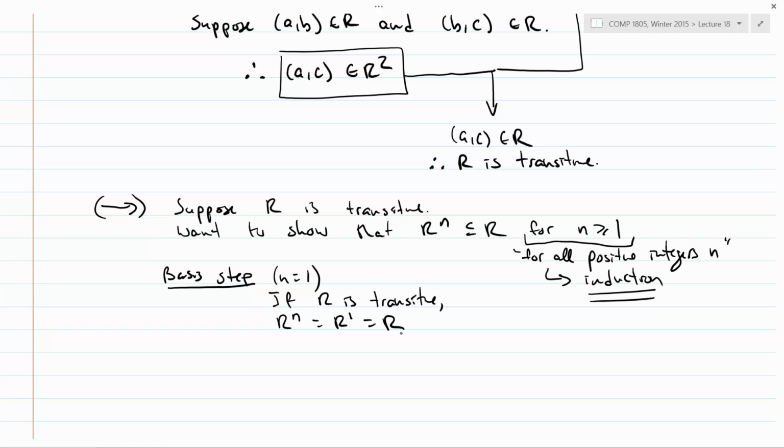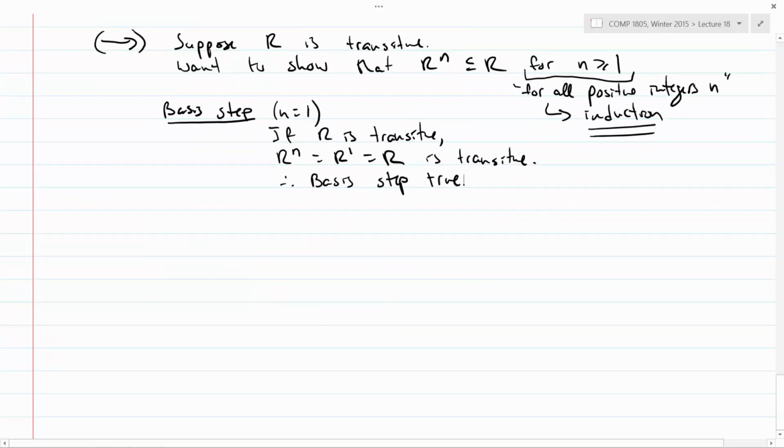And that's definitely true. Right? I don't have to do anything there. The statement is, if R is transitive, then R is transitive. And that's obviously correct. Okay, so that's kind of nice. The basis step is out of the way.